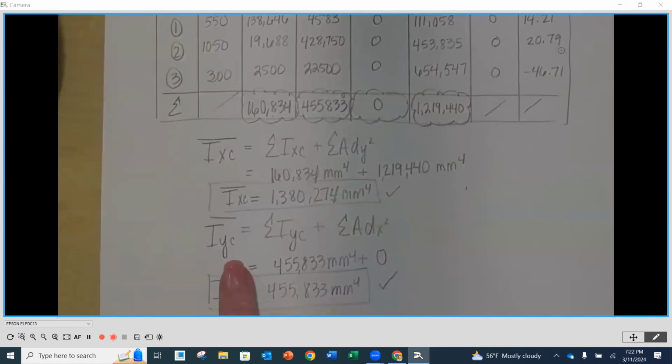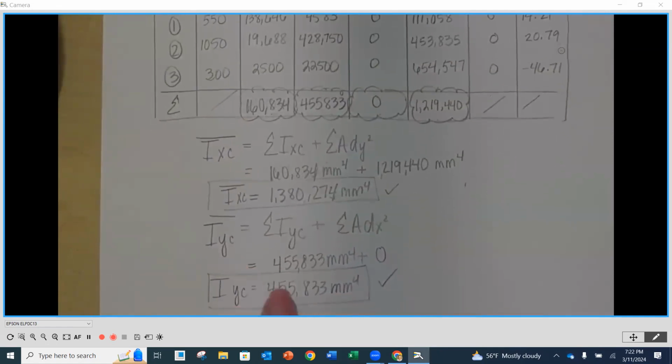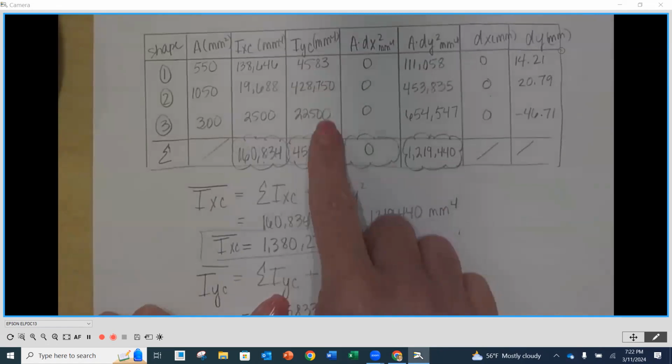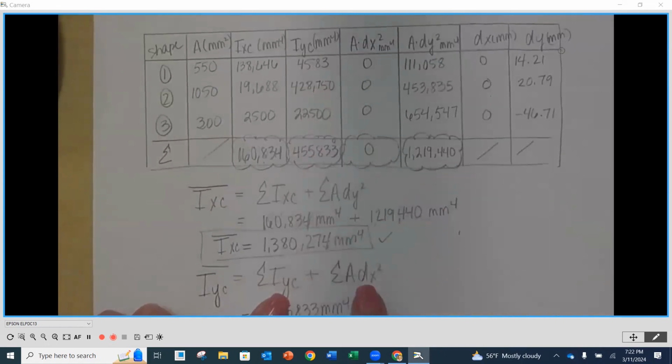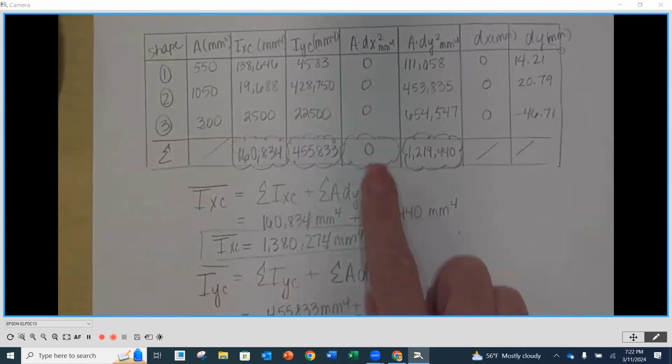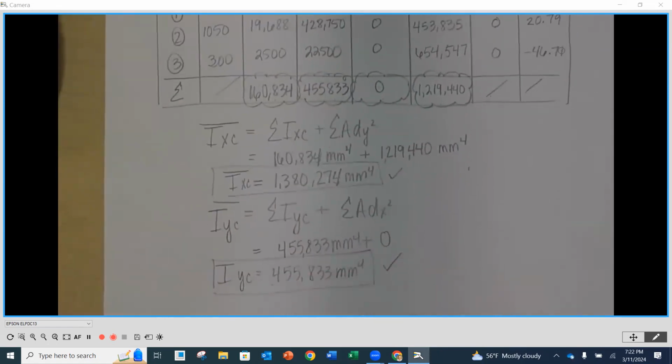Then for the centroidal y-axis, we do the very same thing: the summation of the moments of inertia about the y centroidal axis, plus the a times the dx's, which was 0. So 455,833 millimeters to the fourth.